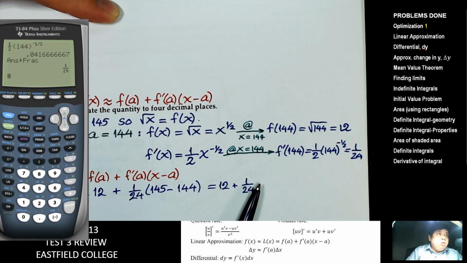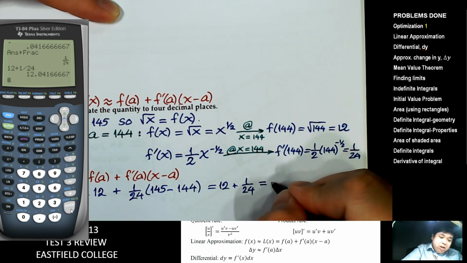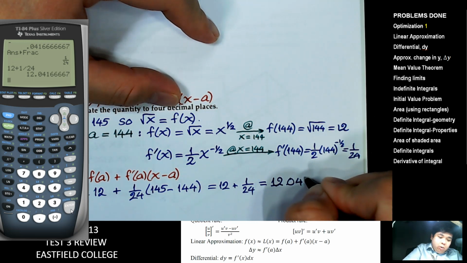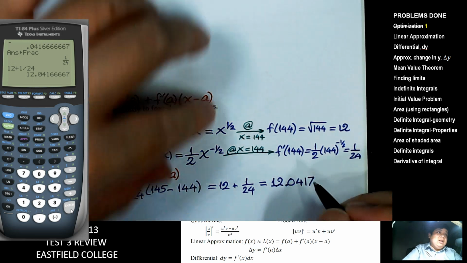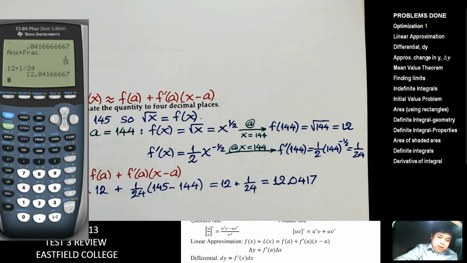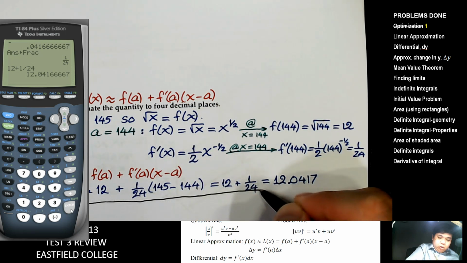In the spirit of approximation, we keep this in decimal with 4 decimal places: 12 plus 1 divided by 24 is 12.0417. That will do. So that is number 3.